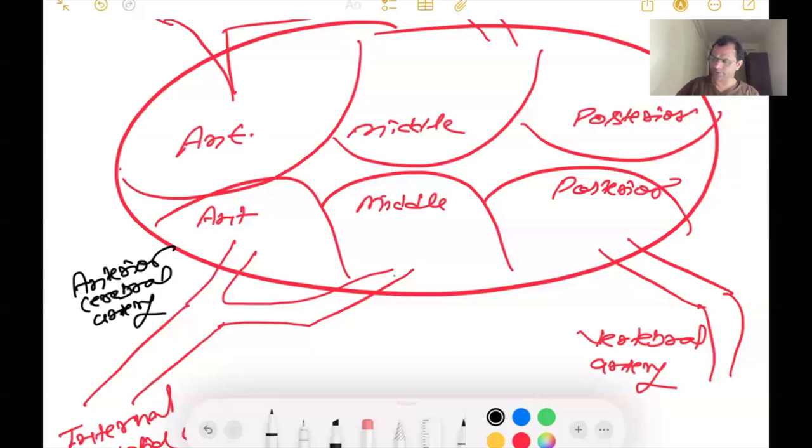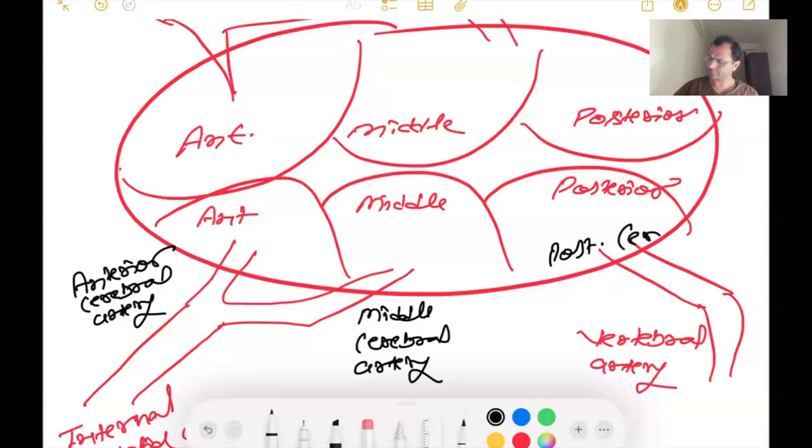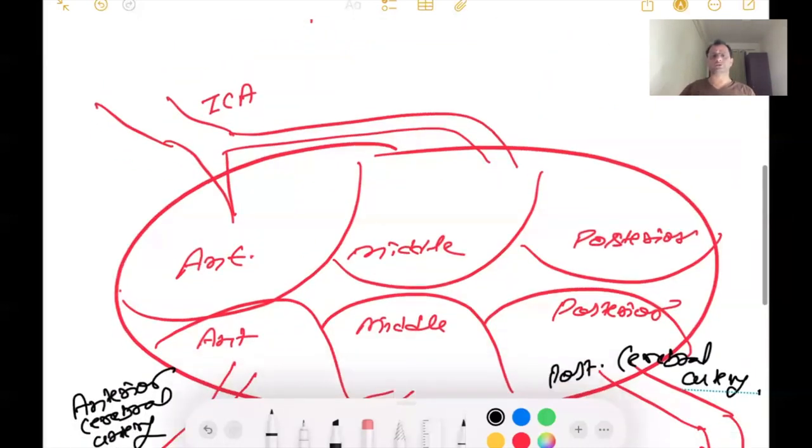The branch which supplies the middle part is called the middle cerebral artery. The branch which supplies the posterior part is called the posterior cerebral artery. In this way, we have the blood supply of the brain on both sides.